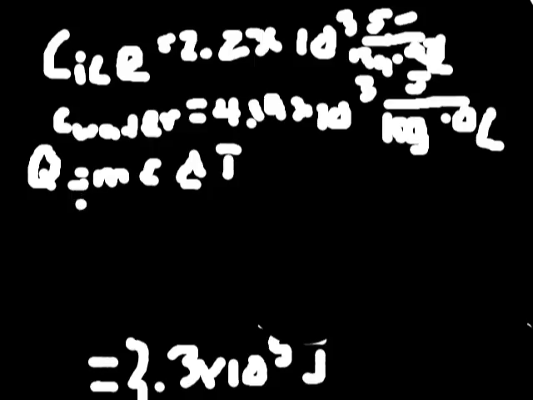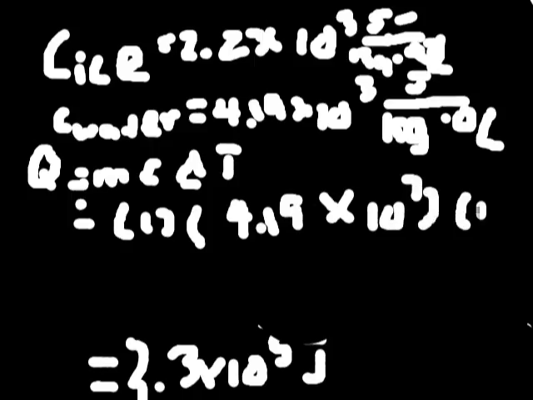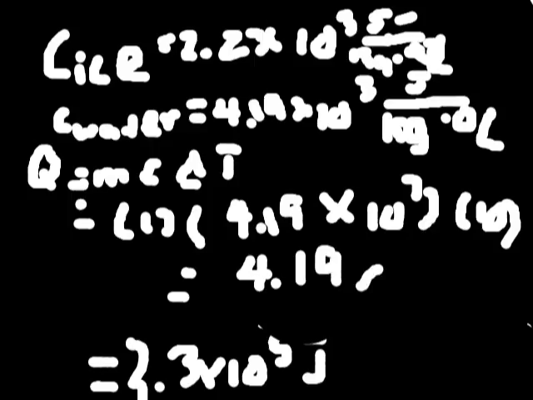Plugging in our values, we get 1 times, because our temperature is in Celsius, so we use the 4.19, because that's the specific heat of water in its liquid form, times 10 to the third, times 10, because we want to raise it by 10 degrees Celsius. And we get something like 4.19 times 10 to the 4th.